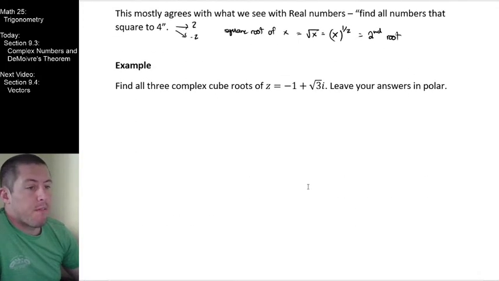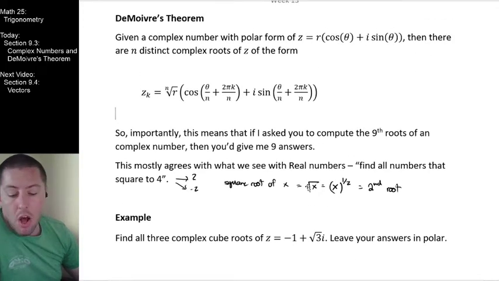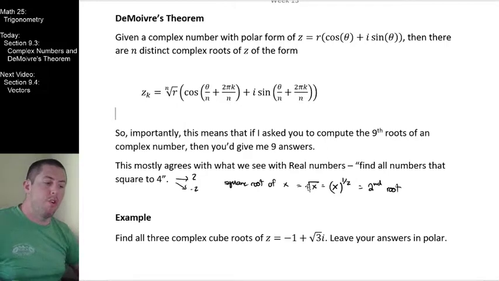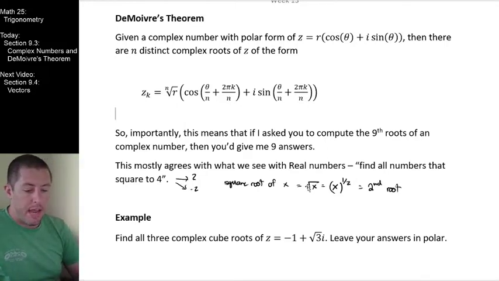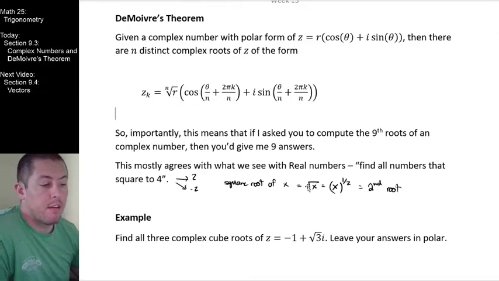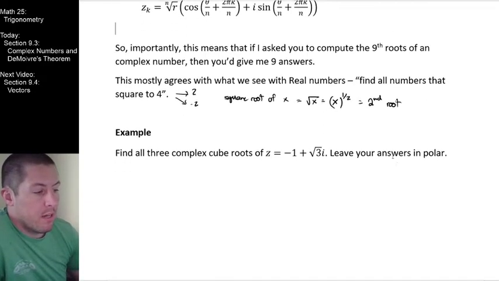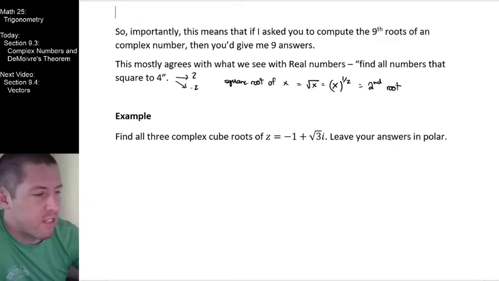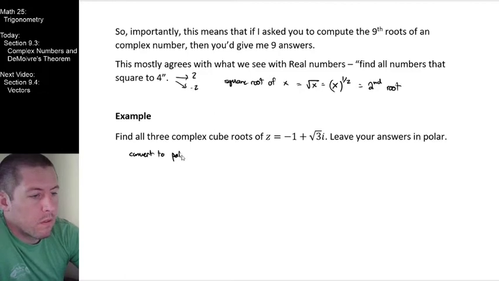So let's wrap up with our final example today. Let's find all 3 complex cube roots of the complex number -1 plus root 3i right here. So as our last example, what we're going to do is basically like we did before. Let's convert to polar, use De Moivre's to take the power, and then we can just leave it in polar.